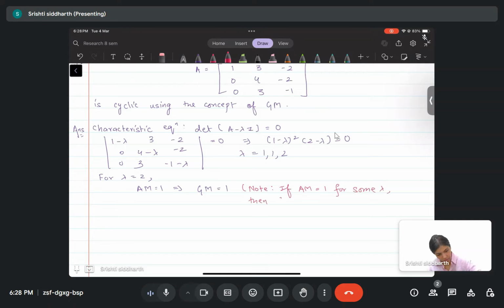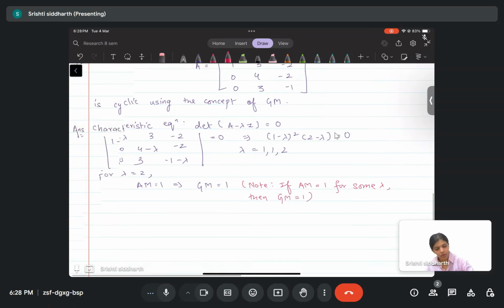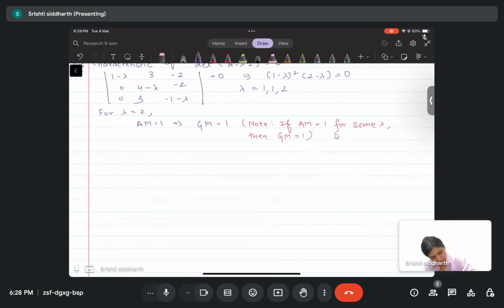The geometric multiplicity is also 1. For lambda equals 1, the algebraic multiplicity is 2, and now we have to figure out the geometric multiplicity for this eigenvalue.